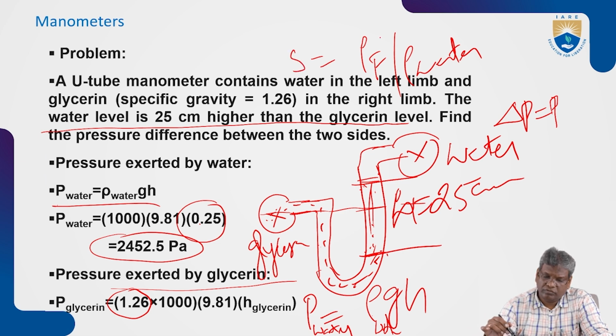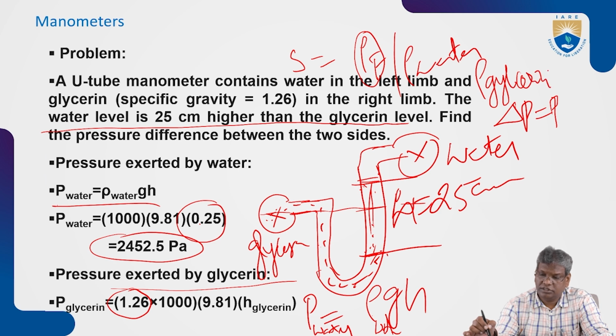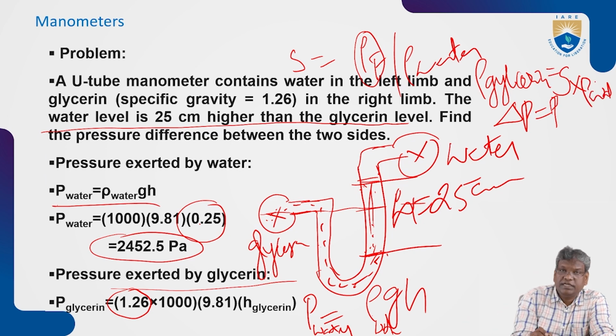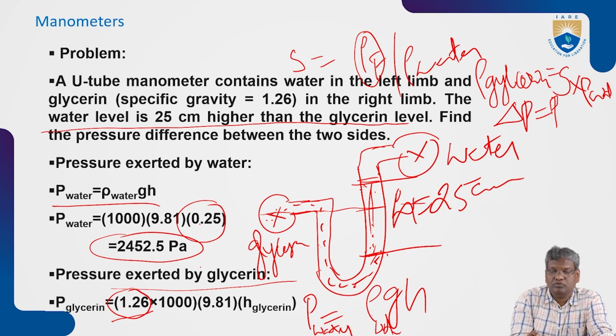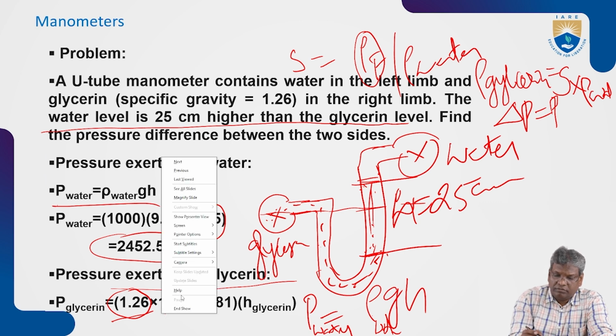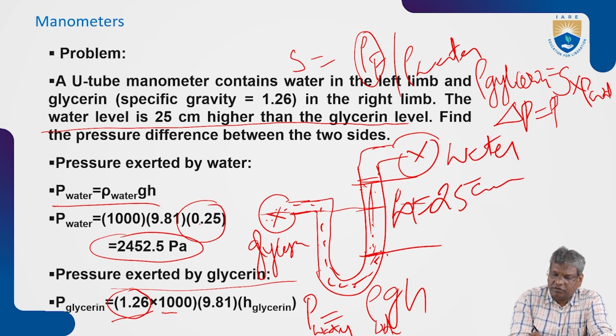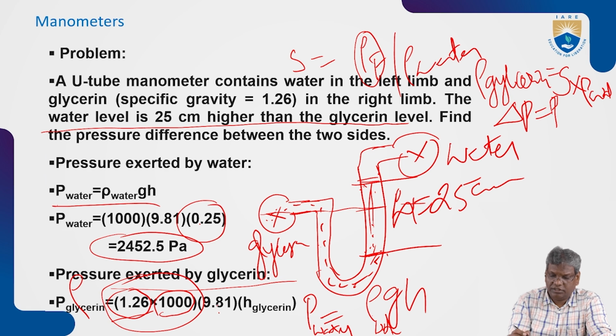So if you want to calculate rho of glycerin, it is specific gravity into rho of water. So specific gravity of the glycerin is 1.26 into density of water, 1000. So 1.26 into 1000 is rho of glycerin. Rho into g, g is 9.81, h of glycerin.